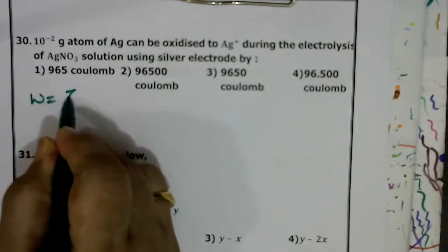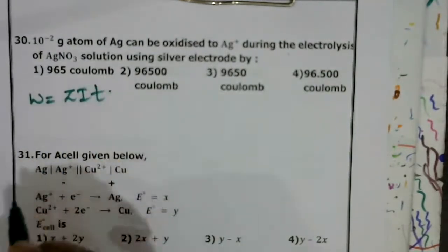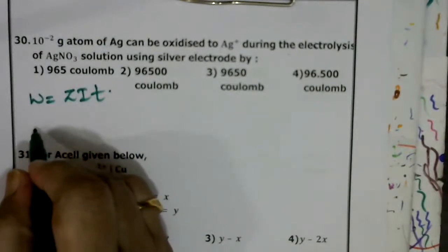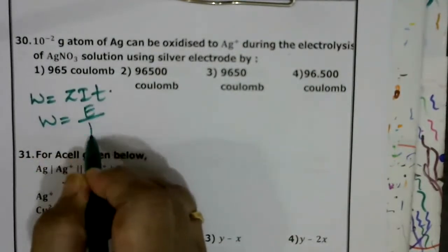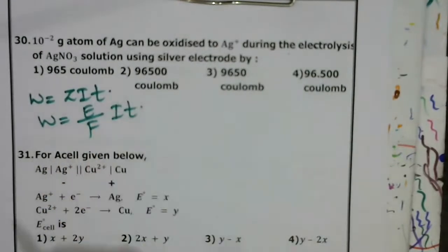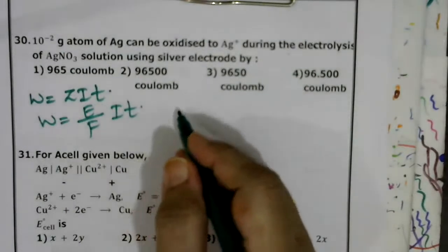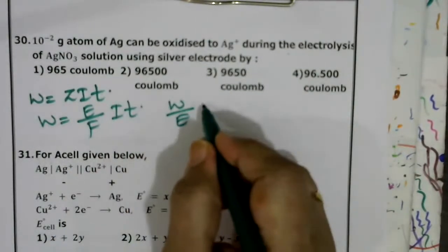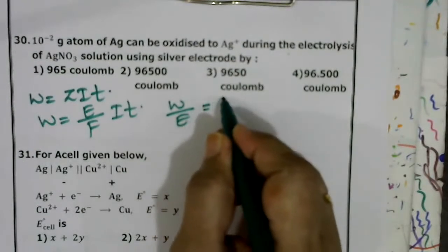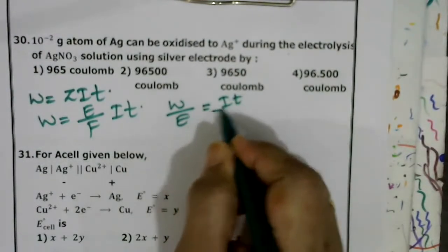We know very well that W is equal to Z into I into T, and Z can be written as E by F. So W is equal to E by F into I into T. By cross multiplication, W by E is equal to I into T divided by F.